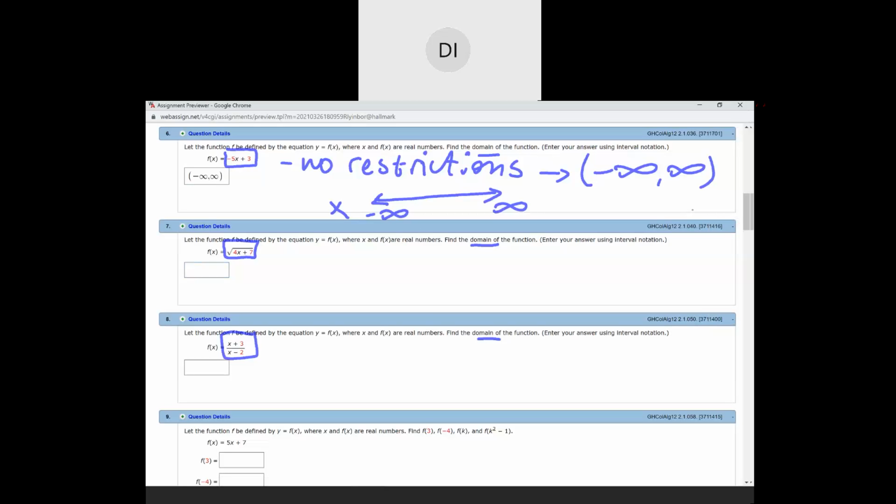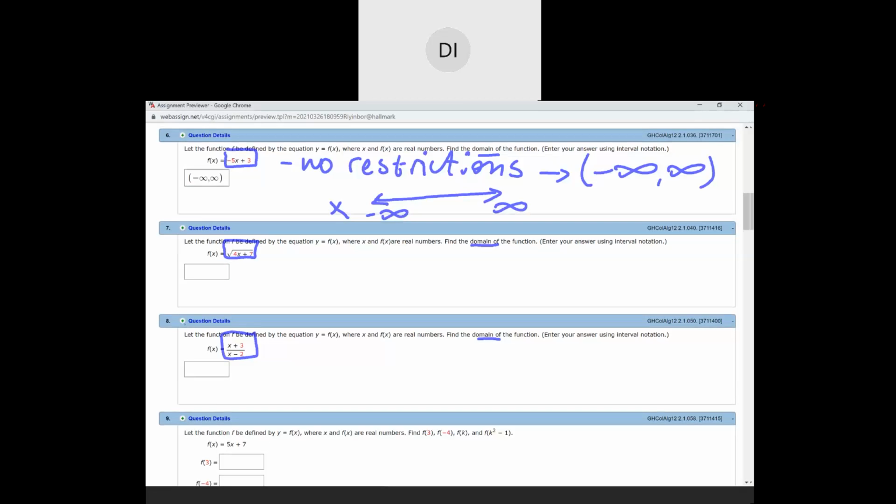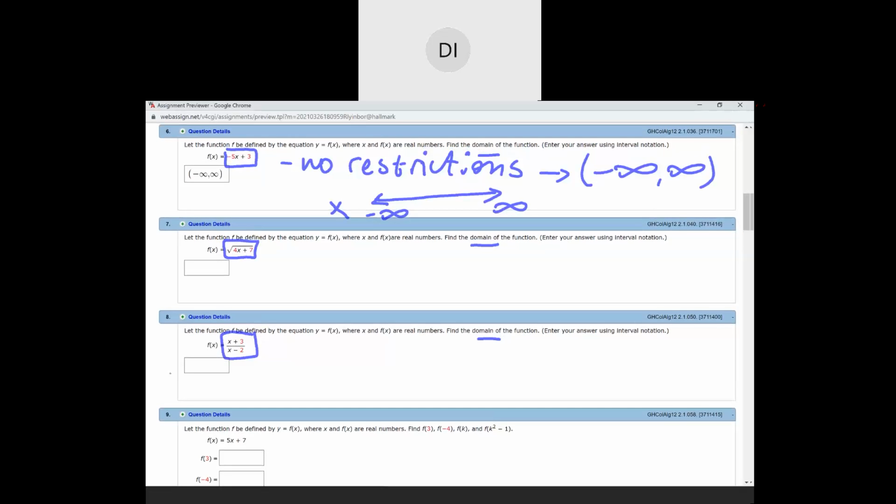Then for the other two domains, there is a restriction for square root, and there is a restriction for fraction. So when you have square root, this is what you're doing. Everything inside the square root has to be positive, because the restriction comes from taking the square root of a negative number.